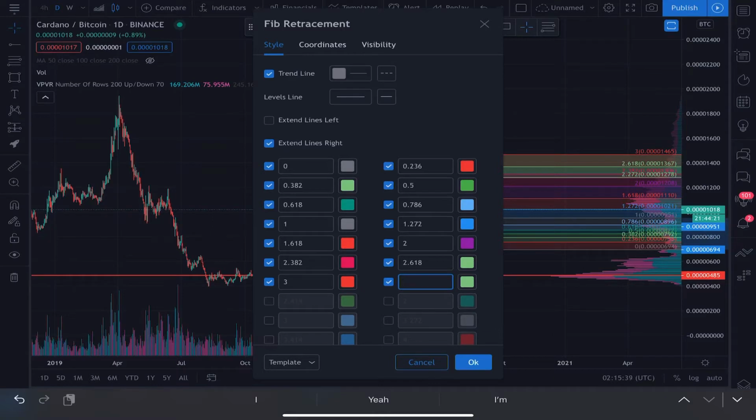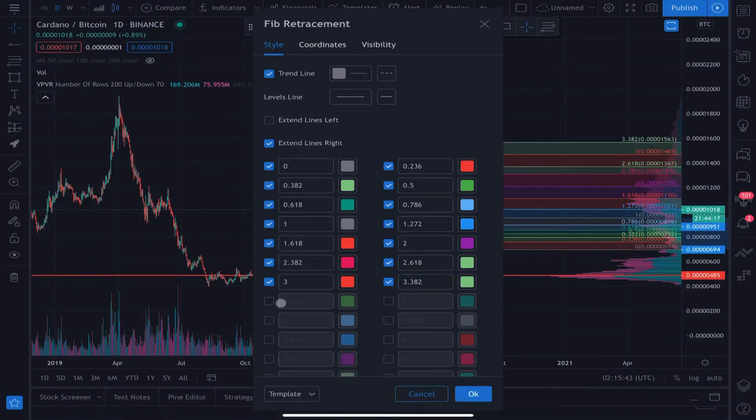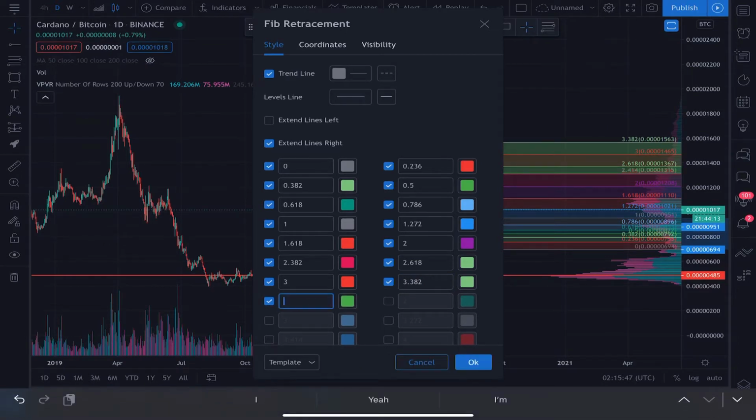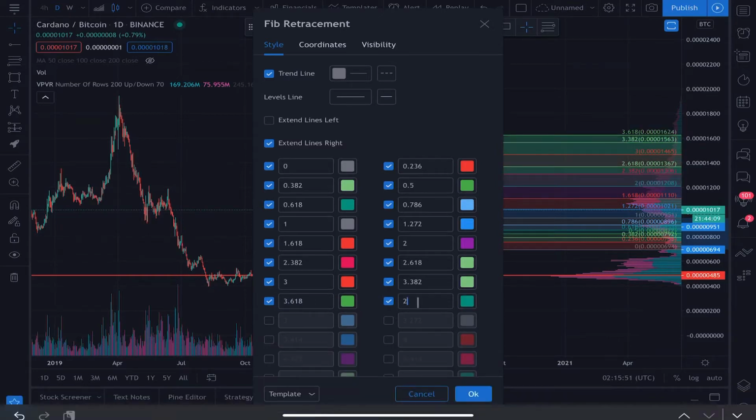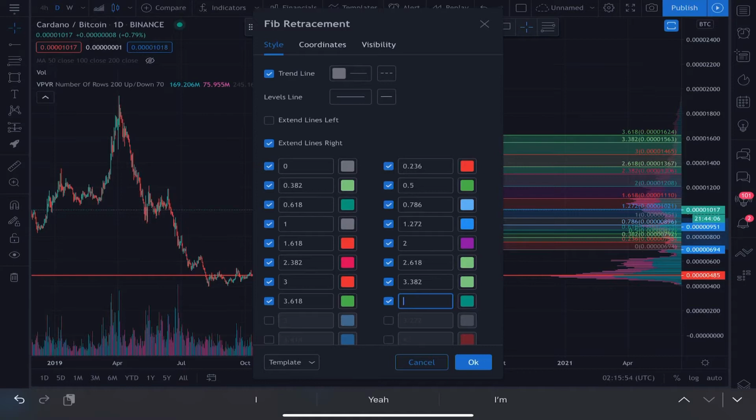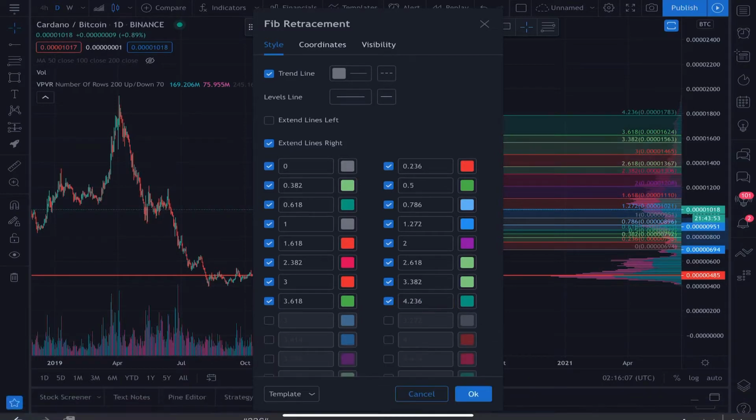We add the 3.382, and the 3.618. The last one, the 4.236. Now, if you do an extension and something makes it to the 4.236, you're done.